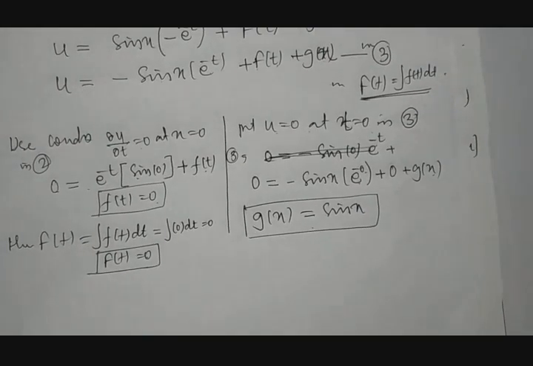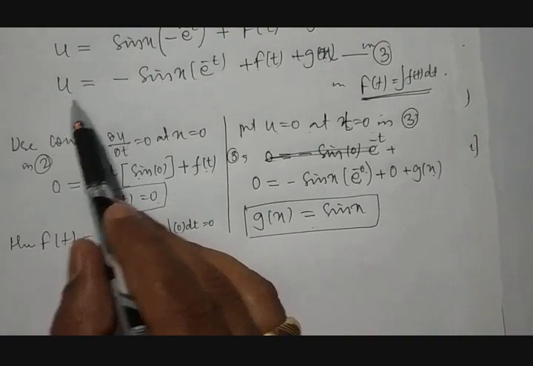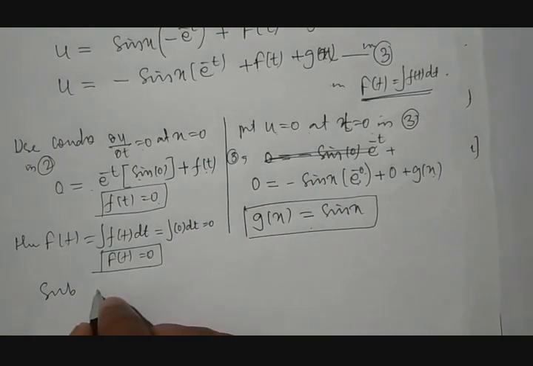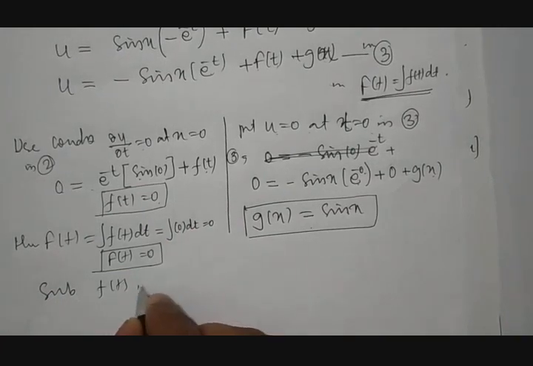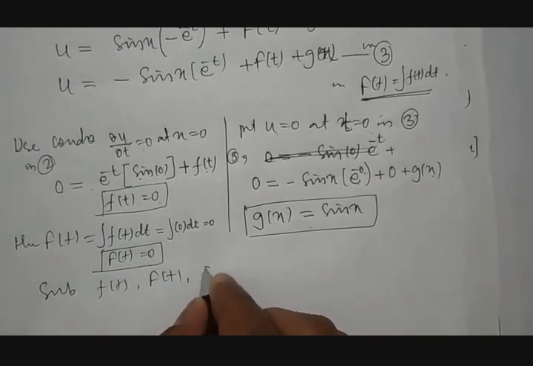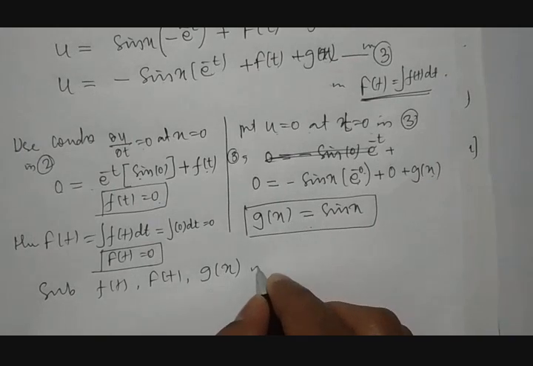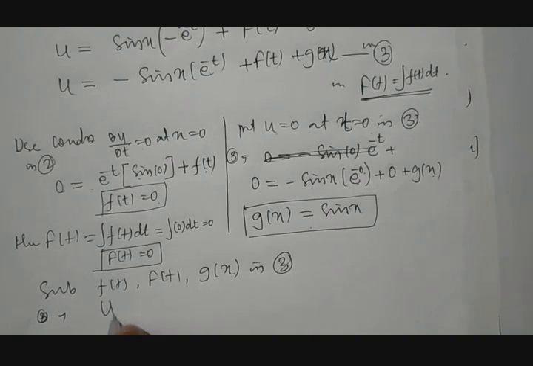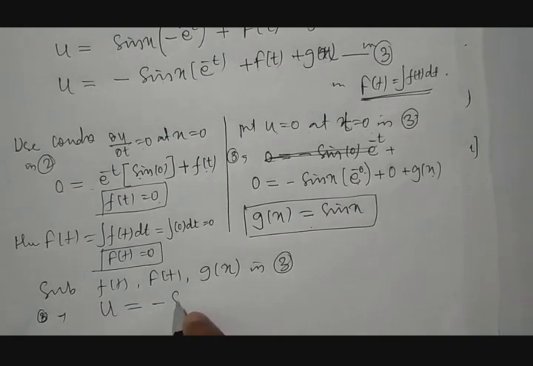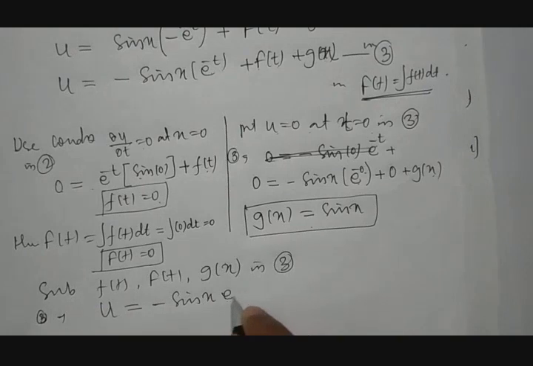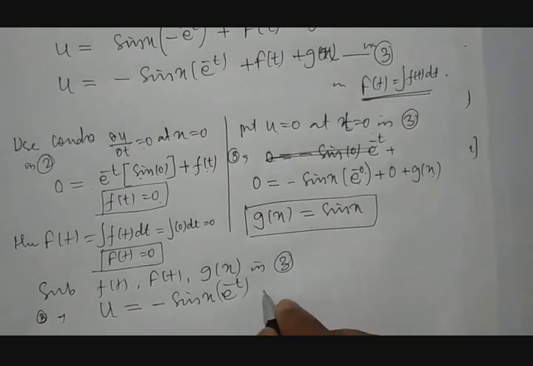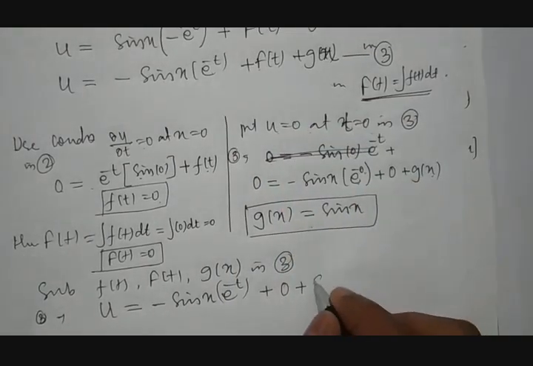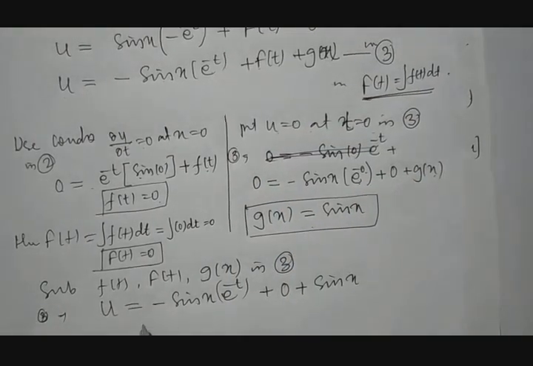So to get the solution, where do we have to put these? We have to put them in equation number 3. Therefore, substitute f of t, capital F of t and g of x results in equation number 3. Then equation number 3 becomes u is equal to minus sine x into e raised to minus t plus capital F of t, which is 0, plus g of x, which is sine x.